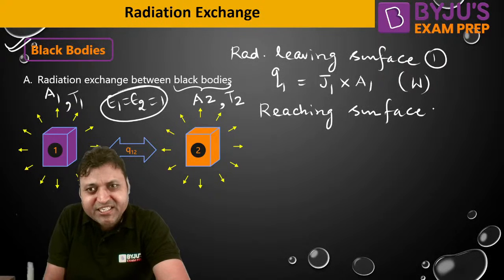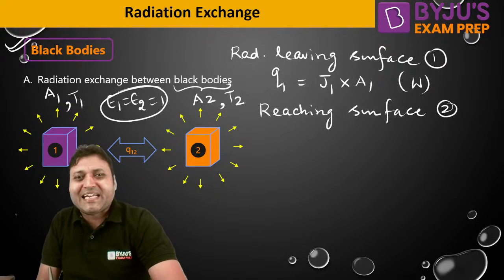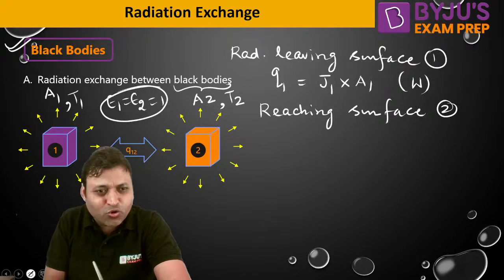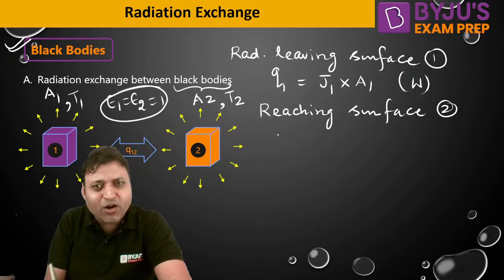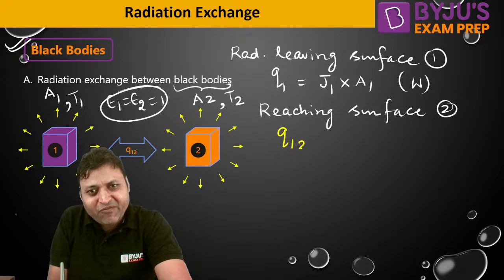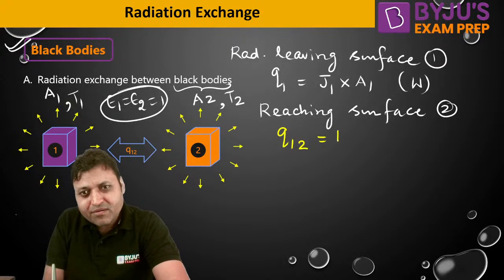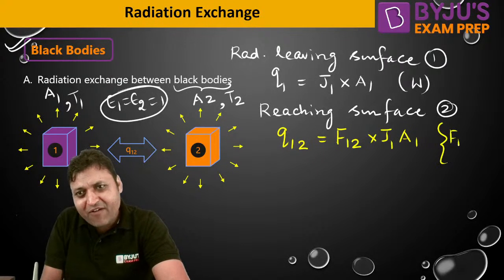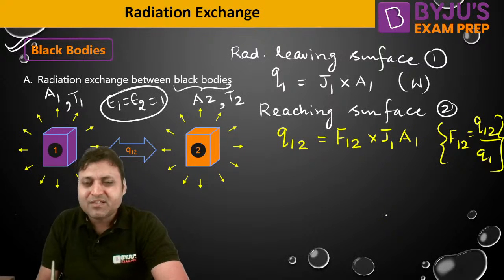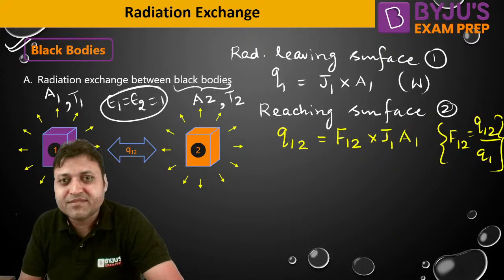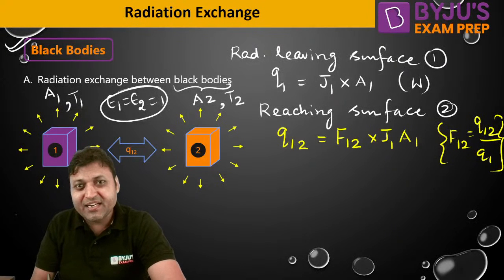And how much is the radiation reaching the surface 2? Out of this radiation, the amount reaching the surface 2 is Q1 to 2. How to find the amount of radiation leaving 1 and reaching 2? Can we write F1 to 2 into J1 into A1, isn't it? Because F1 to 2 is equal to Q1 to 2 upon Q1. That is the definition of shape factor, isn't it?